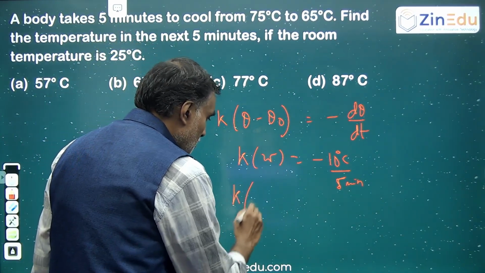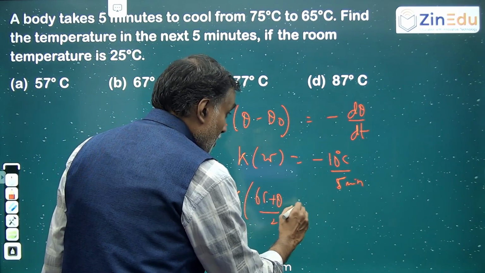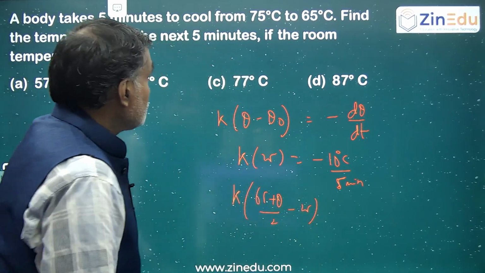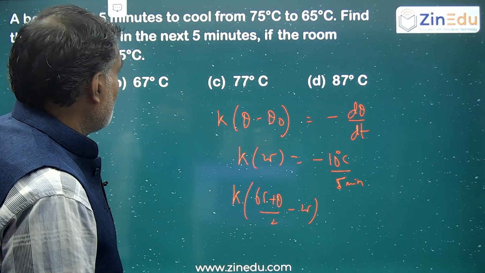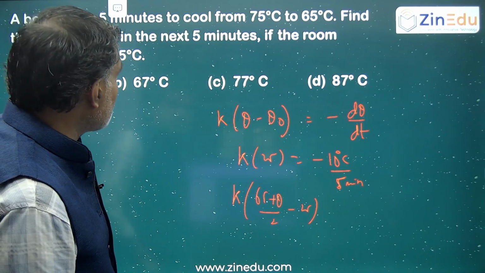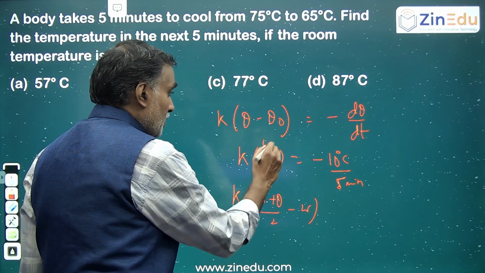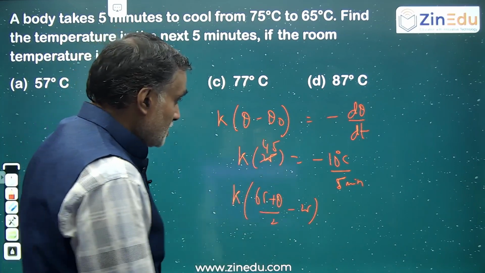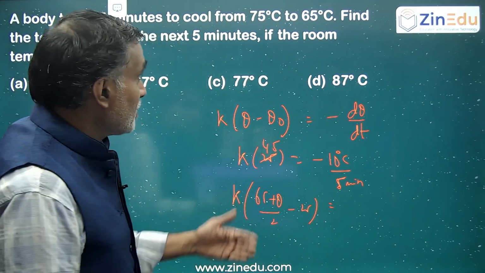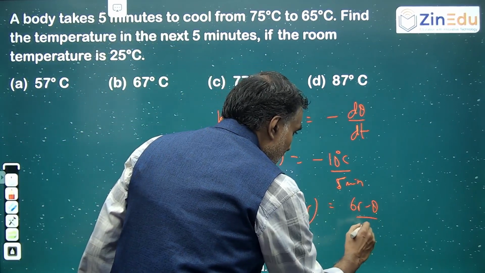So K into (65 plus theta by 2 minus theta naught, which is 25) is equal to d theta, which goes from 65 to theta, so 65 minus theta by 5.